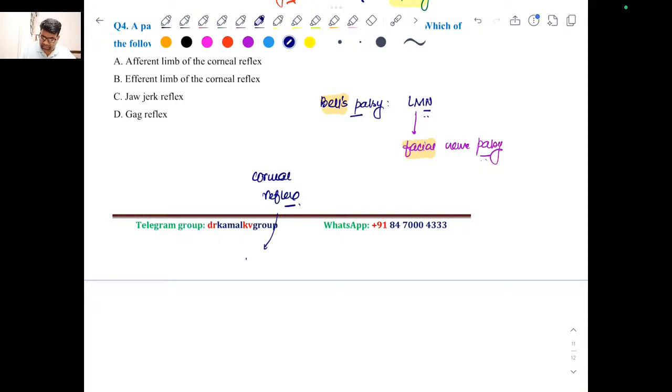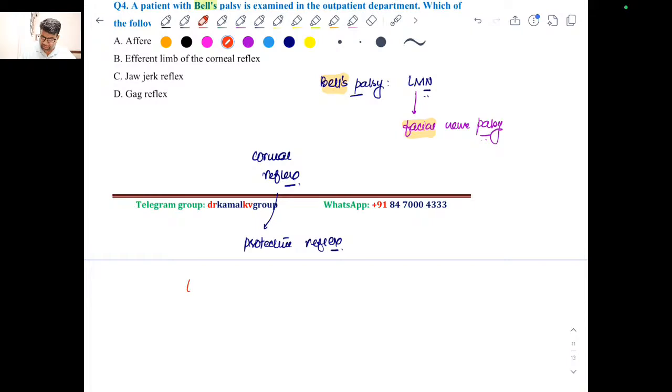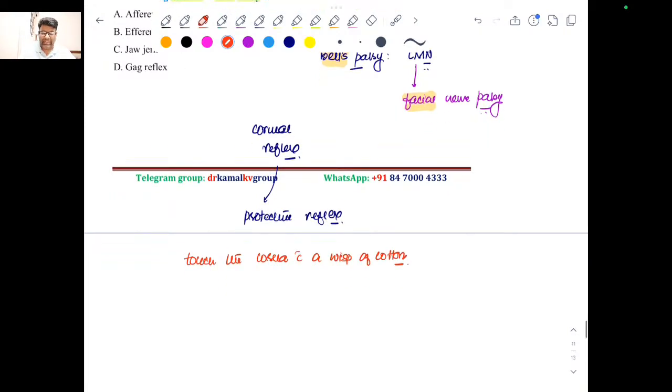The corneal reflex is a protective reflex. How does it protect? The moment we touch the cornea with a wisp of cotton, this will be followed by closure of the eye or eyelids.